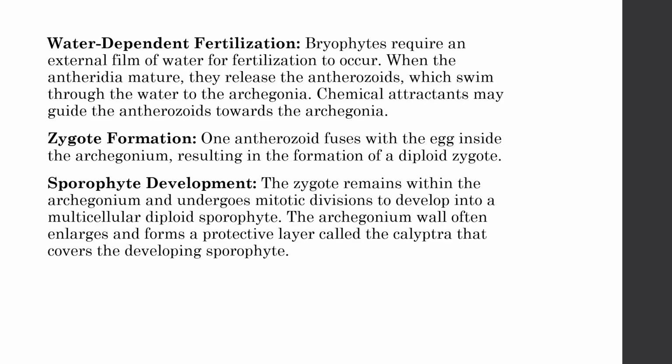Sporophyte development: the zygote remains within the archegonium and undergoes mitotic division and develops into a multicellular diploid sporophyte. The archegonial wall often enlarges and forms a protective layer called the calyptra, which covers the developing sporophyte.